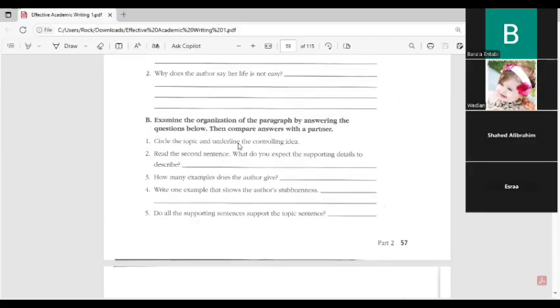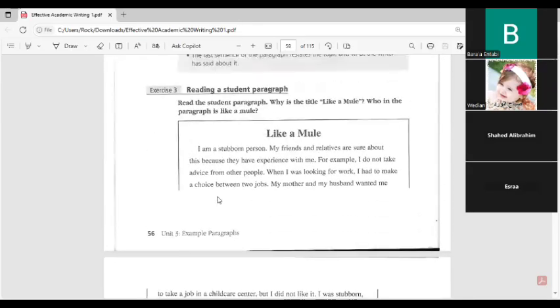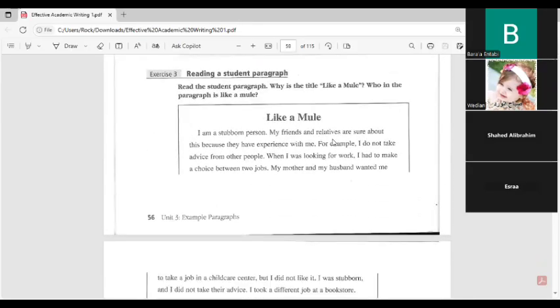Here we have: circle the topic and underline the topic controlling idea. I am a stubborn person. My friends and relatives are sure about this because they have experiences with me. What is the topic here and what is the controlling idea? What do you think?